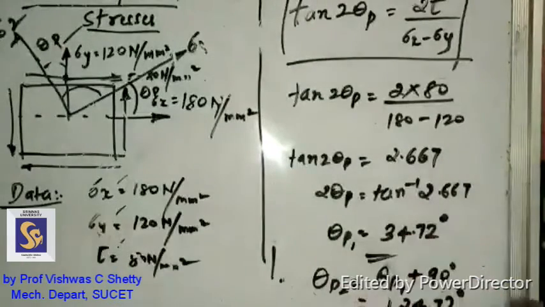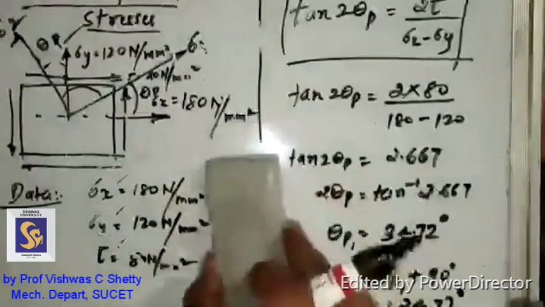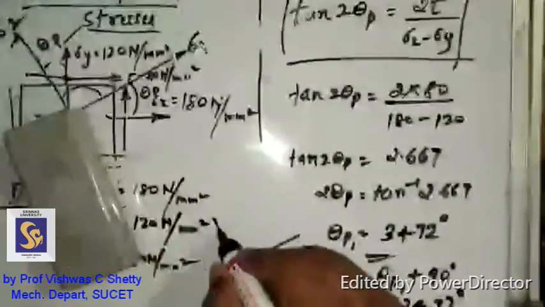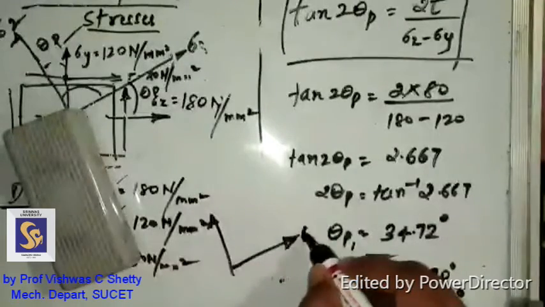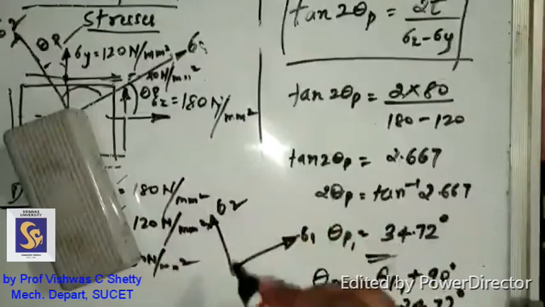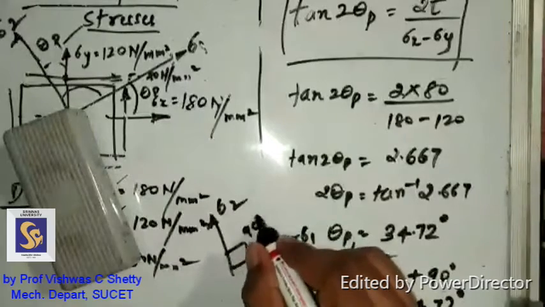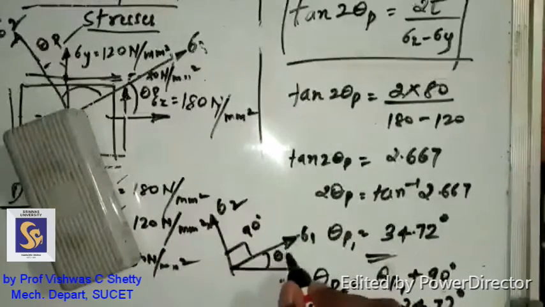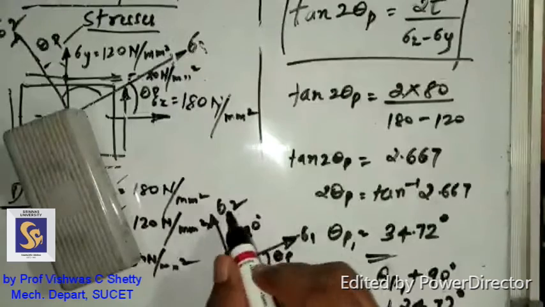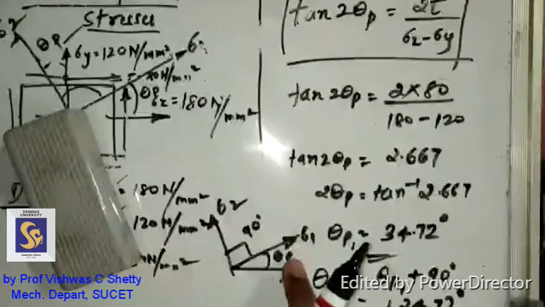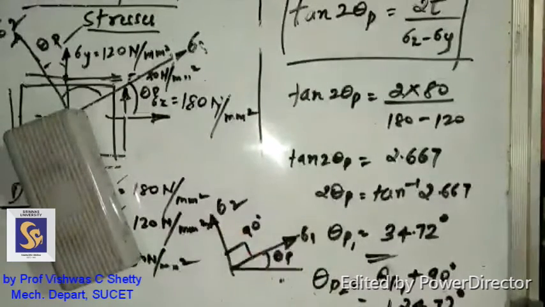Because both principal stresses, sigma 1 and sigma 2, are mutually perpendicular to each other, that's the reason I added 90 degrees. So finding one angle is enough; the other you can correspondingly find for sigma 2, just by adding theta p plus 90.